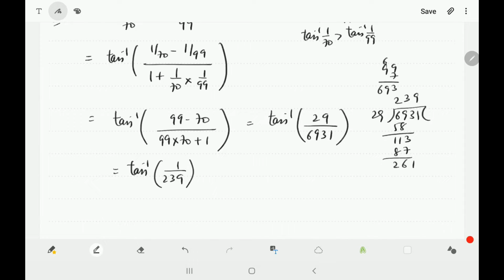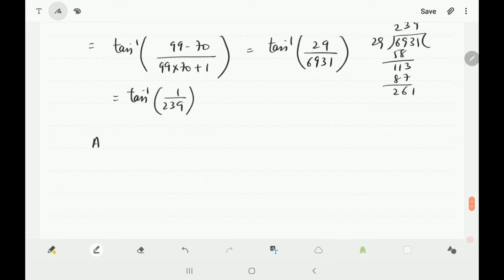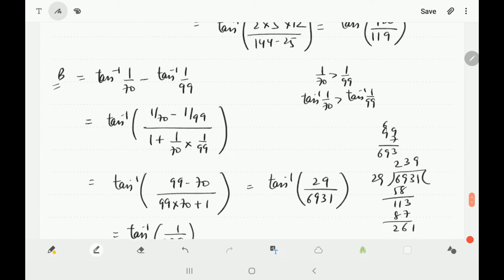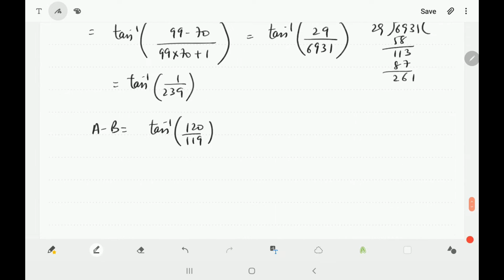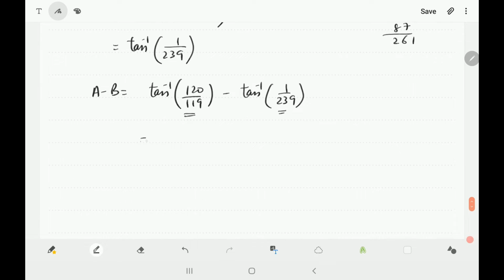Okay. Now we have to find the value of A minus B. So we have A as tan inverse of 120 divided by 119, minus tan inverse of 1 by 239. It is clear that 120 by 119 is greater than this term, so it won't be a problem. You can directly subtract using the formula.